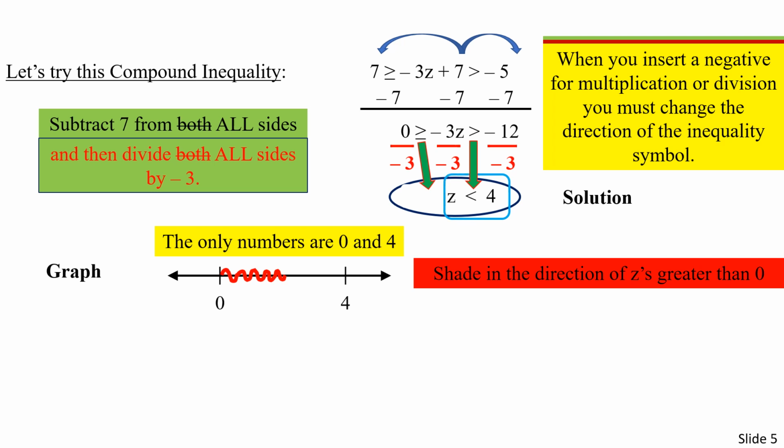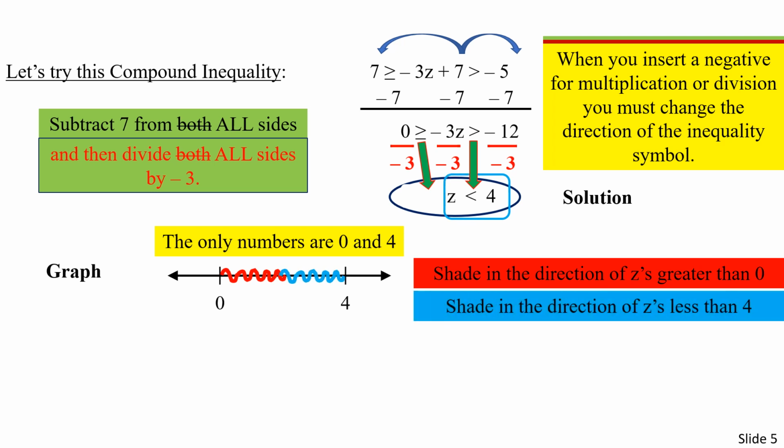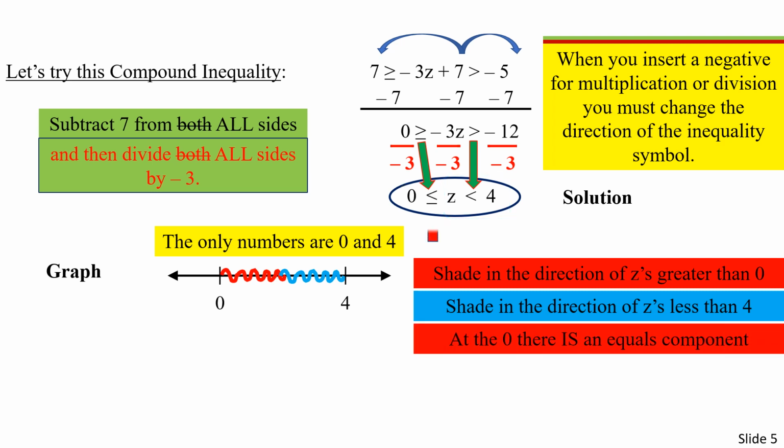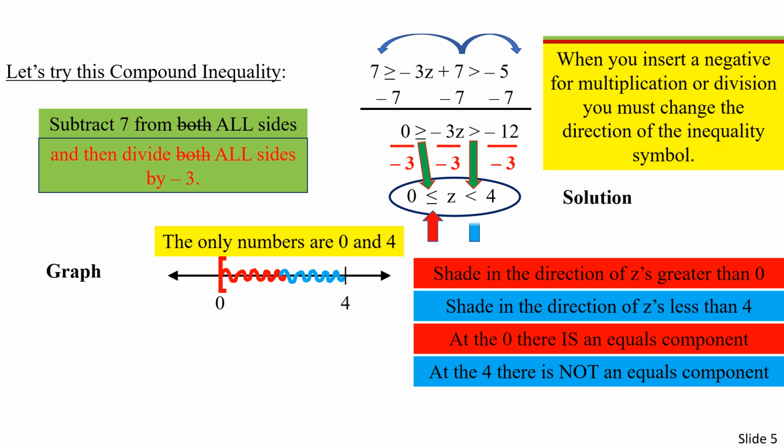And on the right-hand side, I need z's that are less than 4. So I'm going to shade to the left from the 4. I have an equals component at the 0, so I get a bracket. I do not have an equals component at the 4, so it gets parentheses.